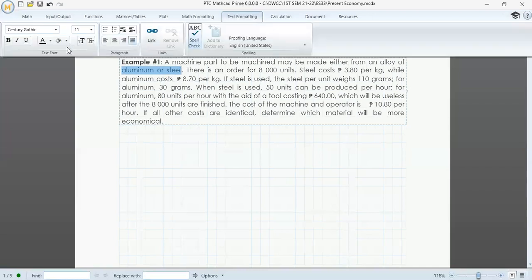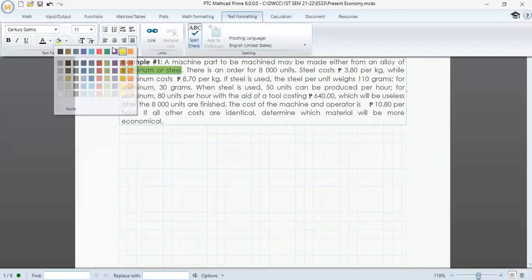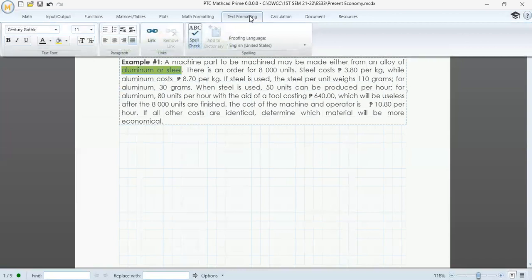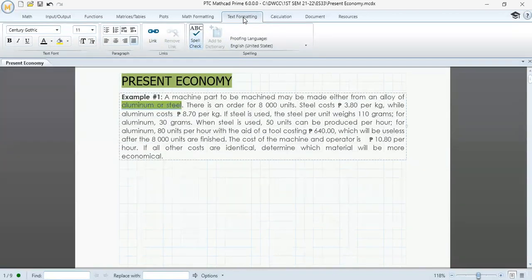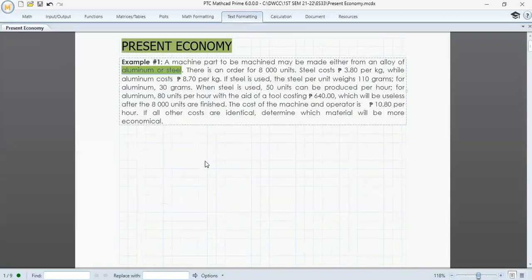So let's highlight this. So yan yung ating ipagko-compare na alternatives. Okay? So syempre, unahin muna natin si steel. So we have for steel, or we can just put steel. Okay?